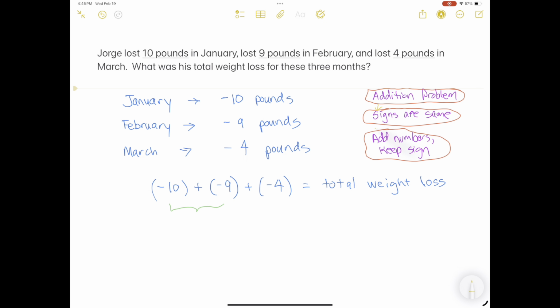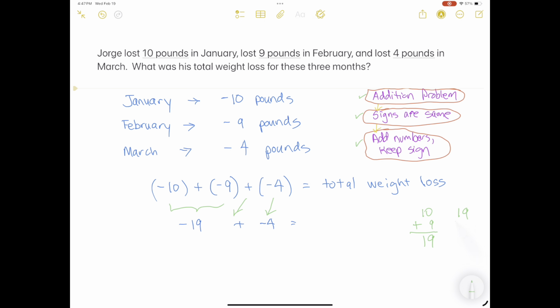First, I simplify -10 plus -9. In this case, both numbers are negative. I add the numbers 10 plus 9, which equals 19. I keep the negative sign. So now I have -19 plus -4. I bring down the rest of the problem.